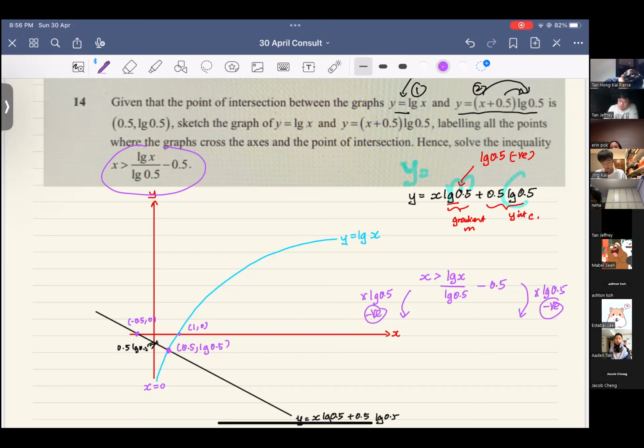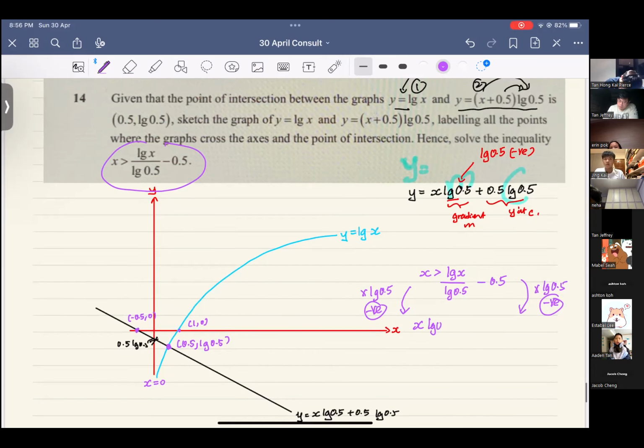So therefore, x log 0.5, the sign will switch, log x minus 0.5 log 0.5. Take note here, the sign switches because log 0.5 is a negative number.